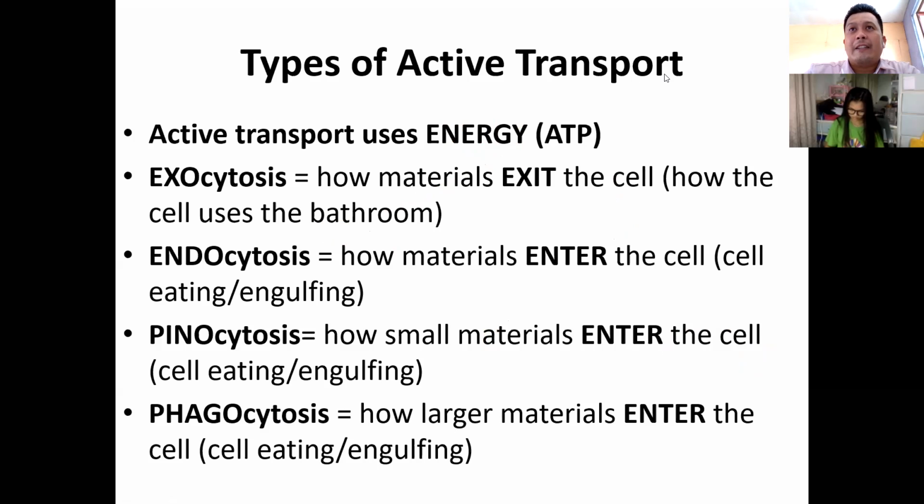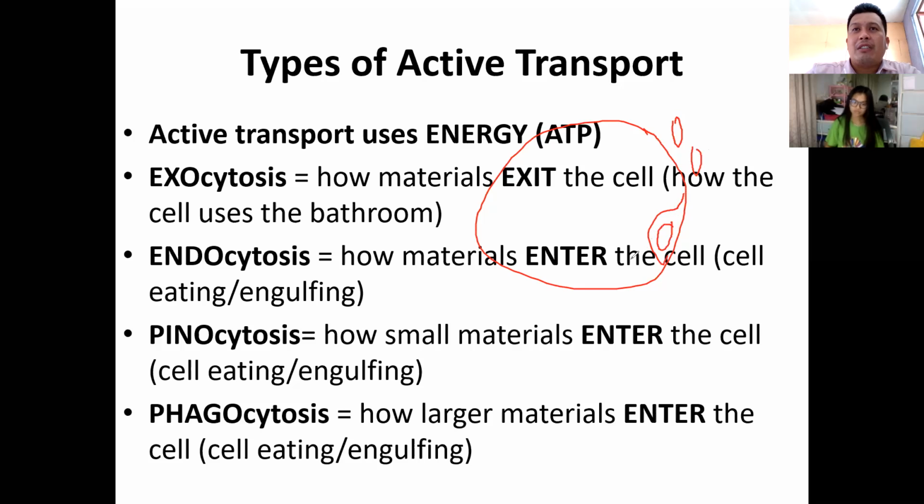Allow me to draw a cell. If this is your cell, and here lies a bigger bulk of molecules, once these get inside of your cell, the process here is called phagocytosis, as lysosomes will merge to the vesicles containing that molecule, and this lysosome will destroy it.